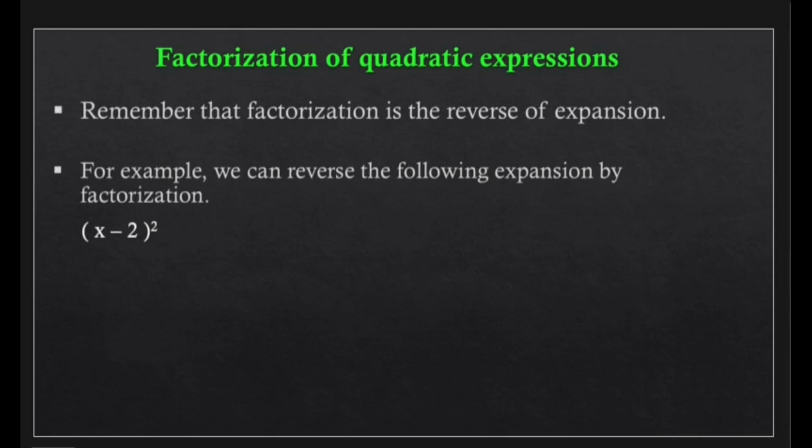This is an algebraic expression which we can expand and later factorize to reverse it back to its original expression. Open brackets, x minus 2, close brackets, to the power 2 actually means that you multiply this expression by itself 2 times. So you get open brackets, x minus 2, close brackets, then another open brackets, x minus 2, close brackets.